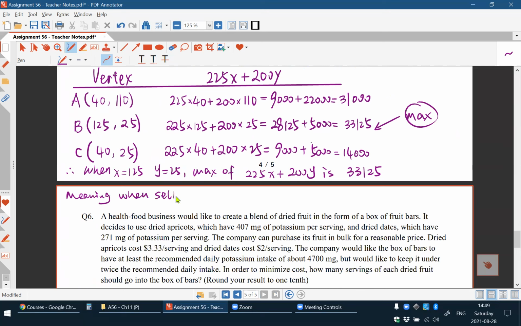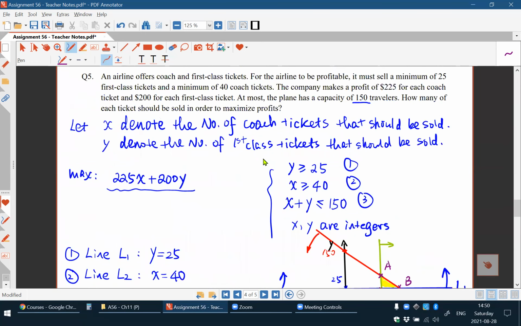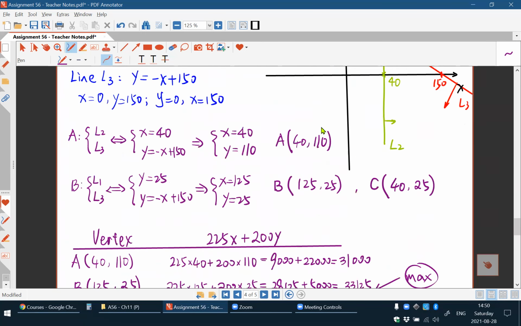Meaning, when selling, what is your x? X is the number of coach tickets, right?